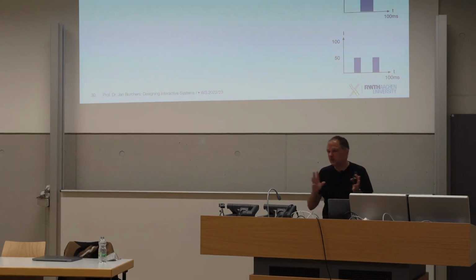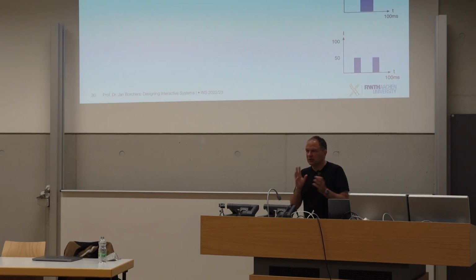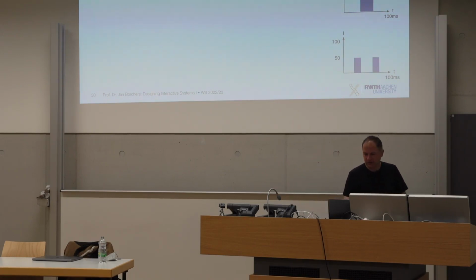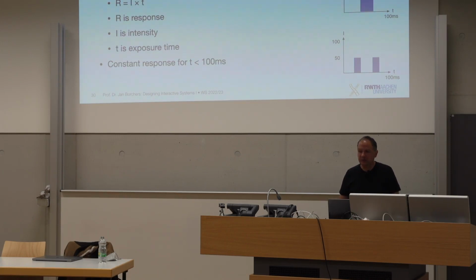It's more of a sliding window. It's not that strict, serial thing, 100 milliseconds, 100 milliseconds, like you would have in a camera. But that is basically giving us the explanation of why the perceptual process that we talk about here is 100 milliseconds.